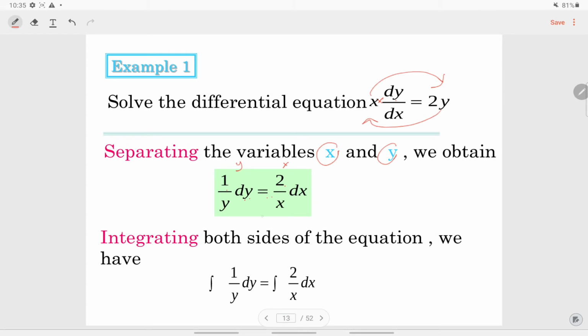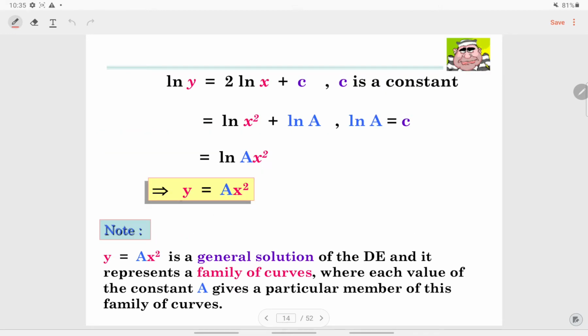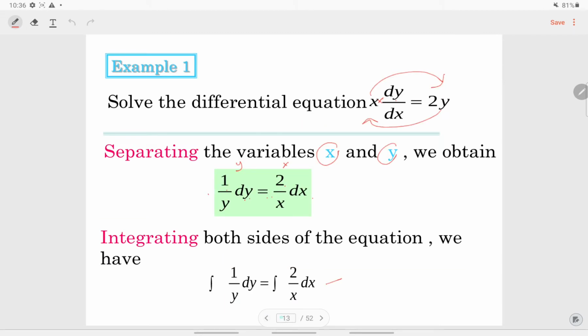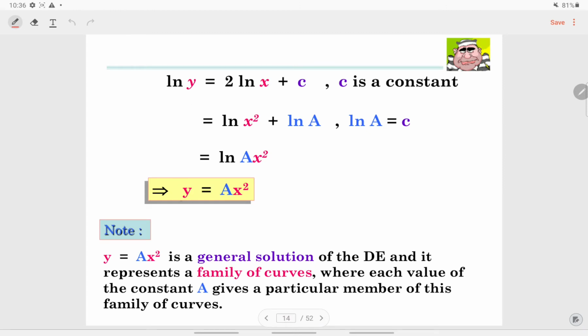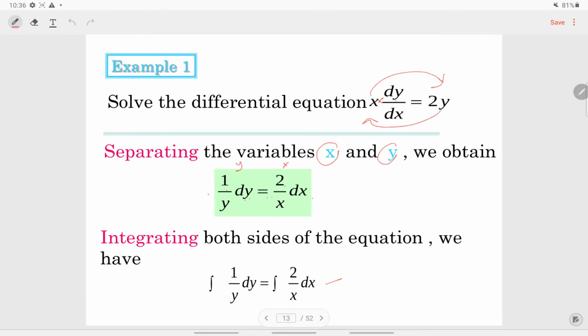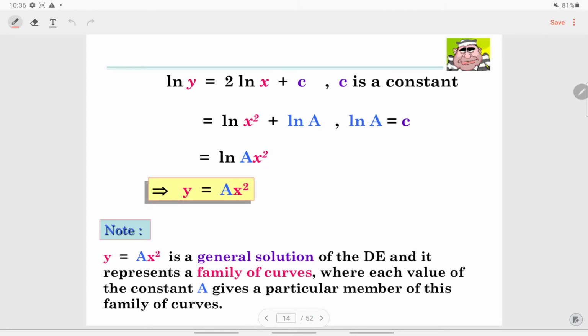And then by integrating both sides, left hand side and right hand side, we will get this equation. Integrate both sides. Integrate 1 over y is ln y. Integrate 2 over x, we will get 2 ln x plus c, where c is a constant.